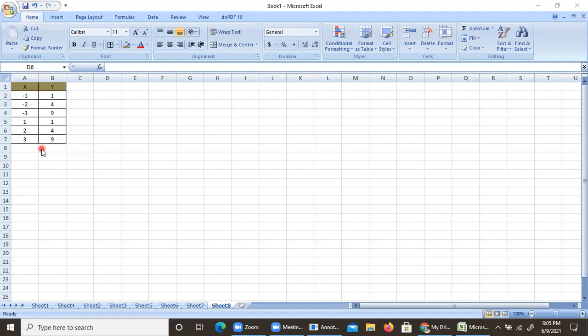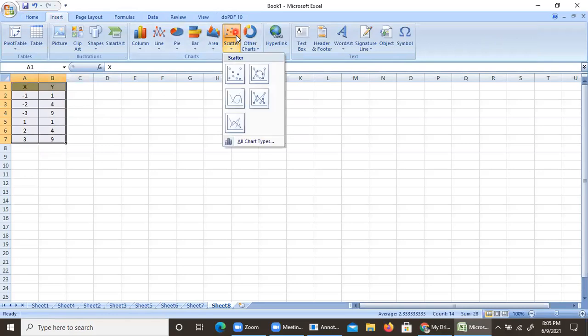And you can easily identify the relation between the two variables, capital X and capital Y. You can also understand it is a kind of parabolic relationship they are having, and it is y equal to x square. First of all, I'm going to draw the scatter diagram.